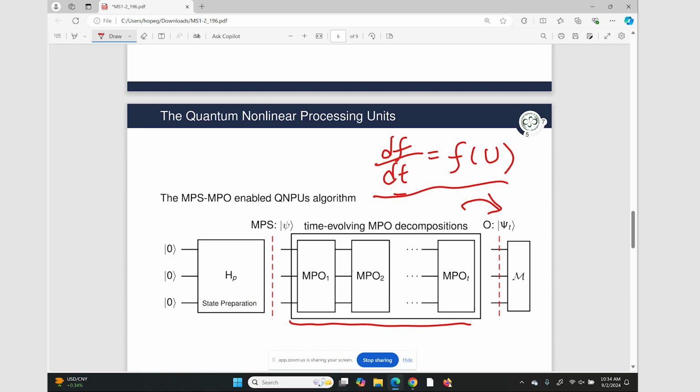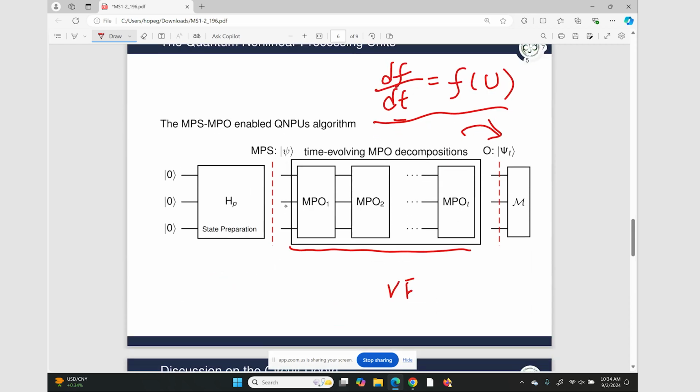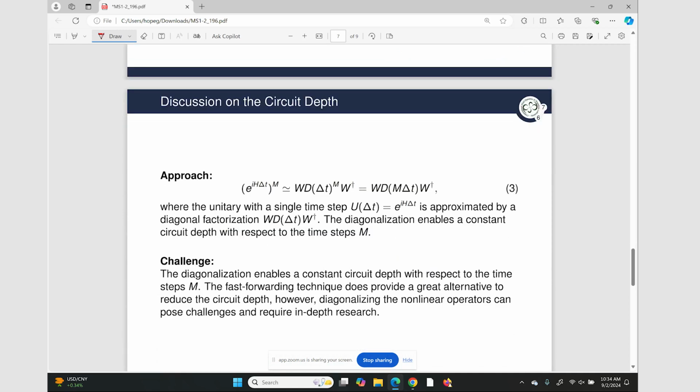So we are interested in investigating the variational fast forwarding algorithm. So that's the VFF method. Essentially, what we can do is that maybe we can take this, approximate it by a diagonal factorization.